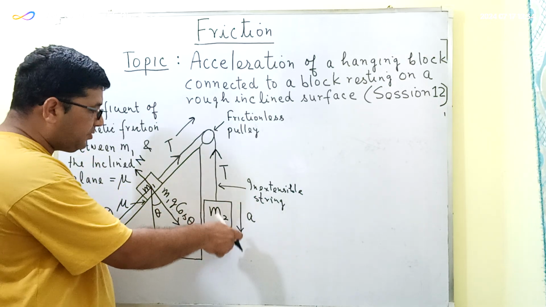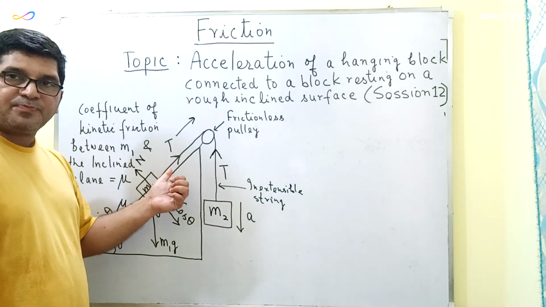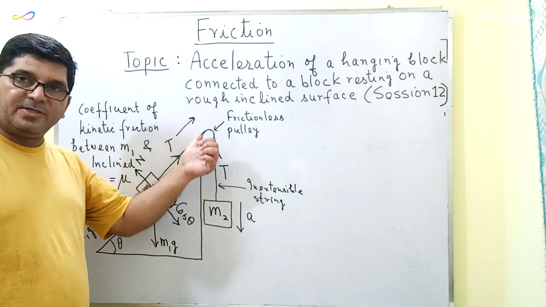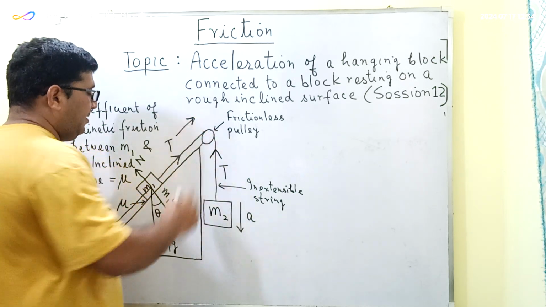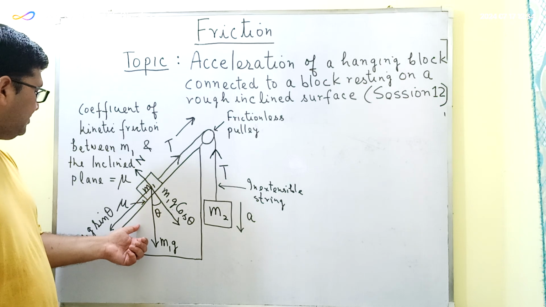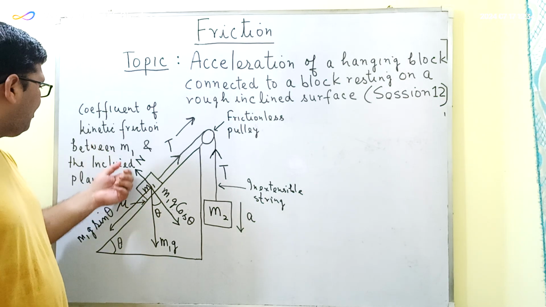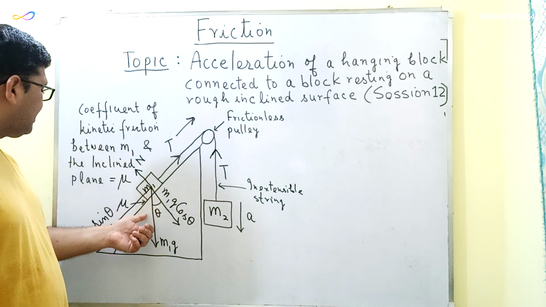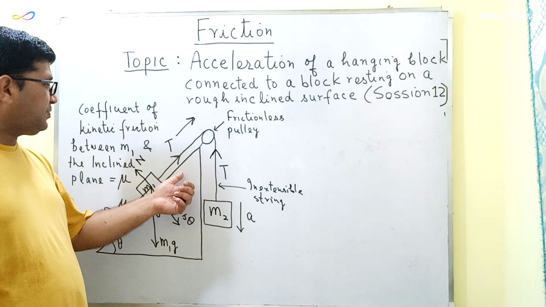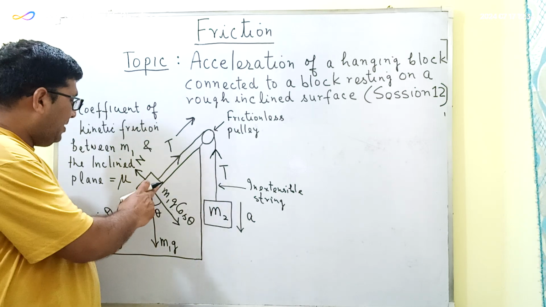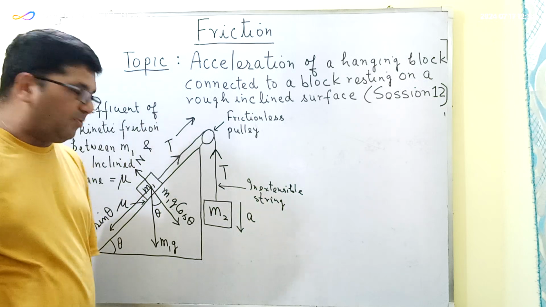And since this block of mass m2 is moving downward, this block m1 will be moving in the upward direction. Since the inclined plane is rough, and the coefficient of kinetic friction between this block and this inclined plane is mu, the force of friction will act on this block, and it will oppose the relative motion.